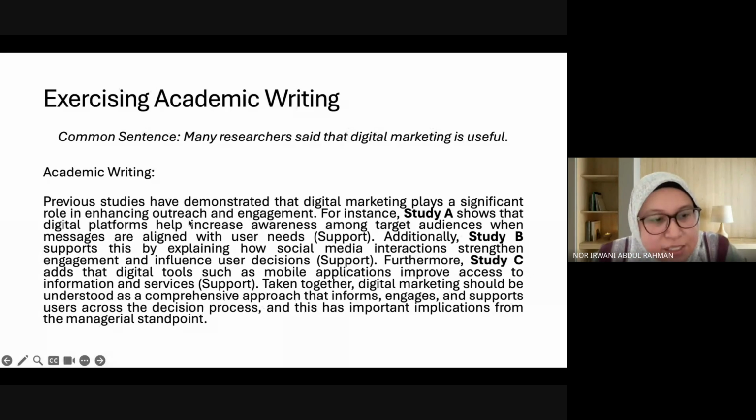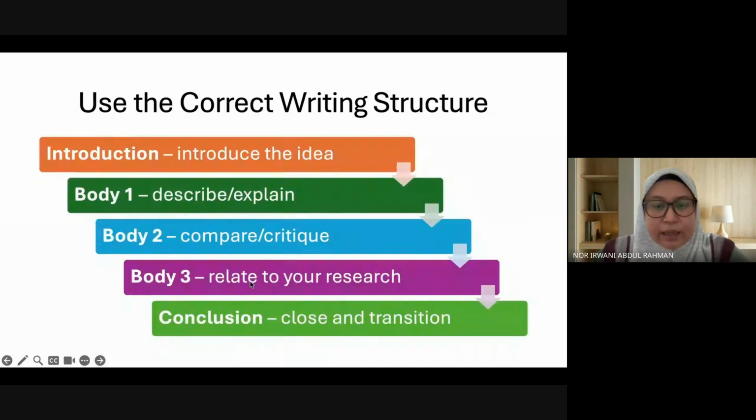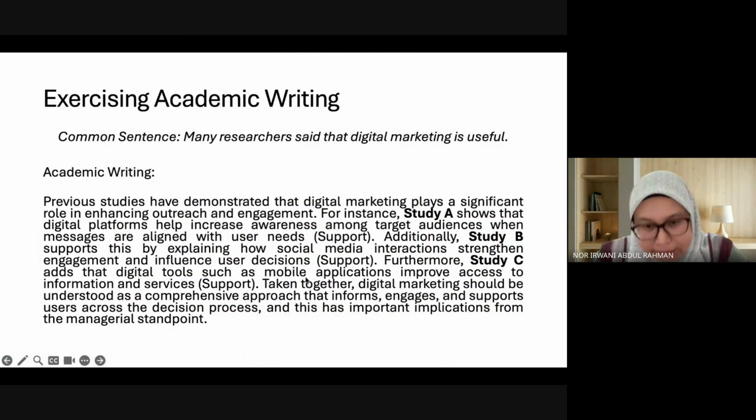This is your sentence: previous studies have demonstrated that blah blah blah. This is the evidence, supported by citation. Then highlight: taken together, digital marketing should be understood as a comprehensive approach. So you summarize.